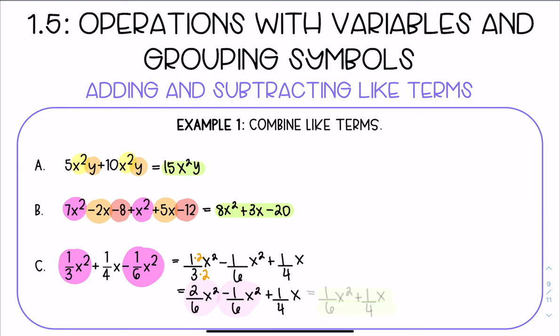And now we can just subtract the numerators to make this one term. And so 2 minus 1 is going to give me 1. We keep the denominator the same. We still have our x squared and then plus 1/4 x. So your final answer is 1/6 x squared plus 1/4 x.